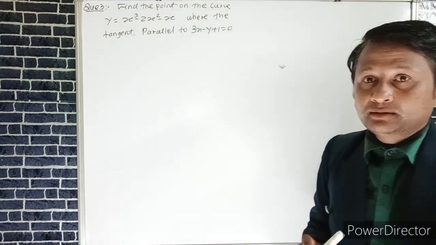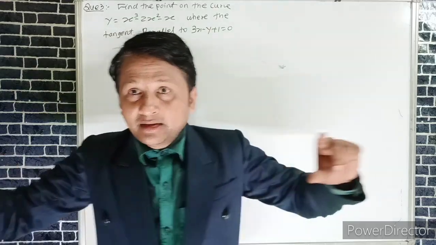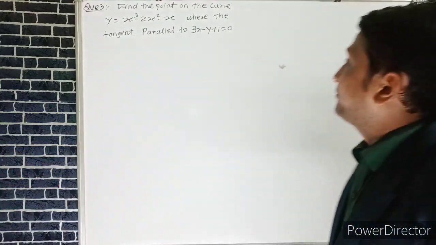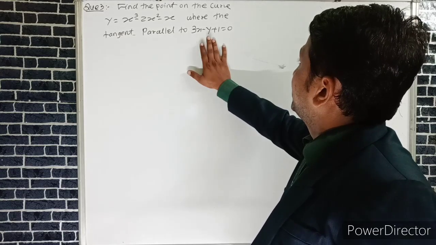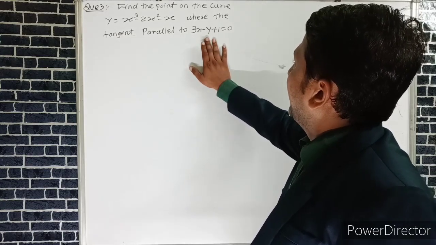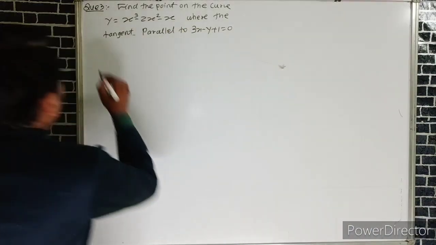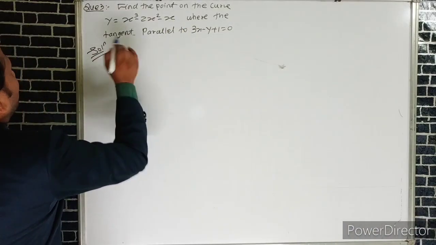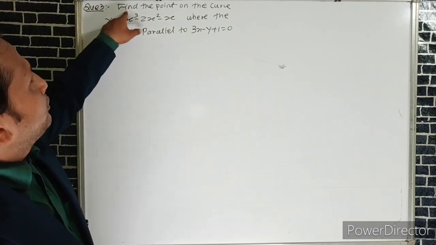When they are parallel, their slopes are equal. Hence we can compare the slope of the tangent and the slope of the curve. So first we have to find the point on the curve.